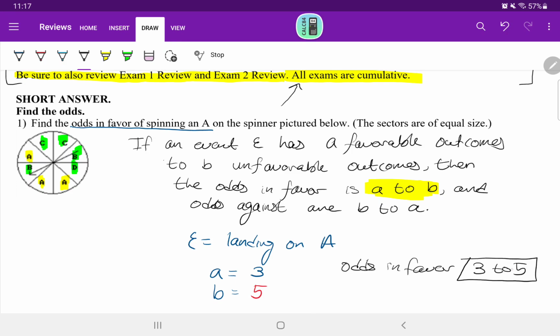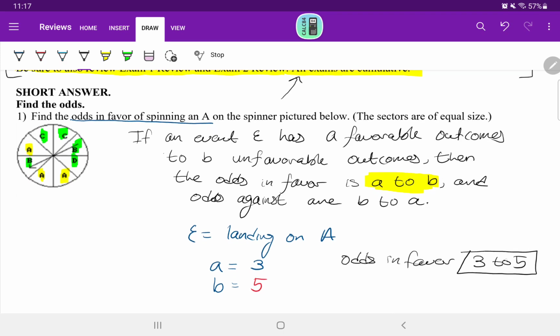Now remember, you can write a ratio in other ways as well. You can write this as the ratio using the colon, 3 to 5. And you can even write it as a ratio of fractions, 3 over 5. But this is the preferred way, at least from the answer key, I mean.